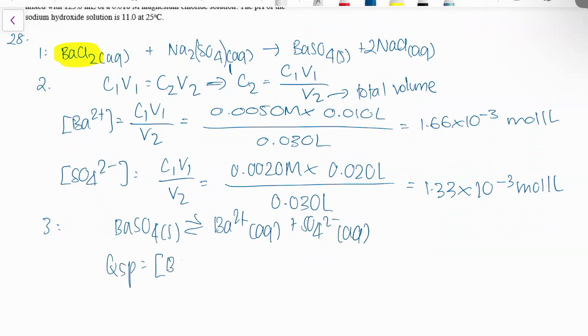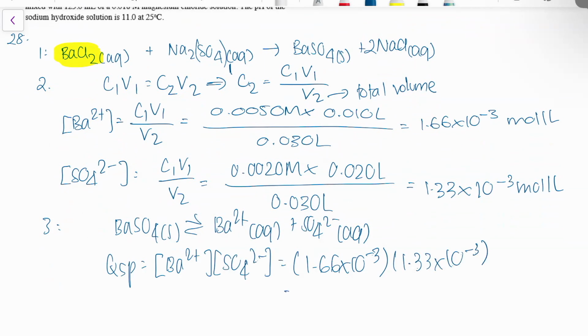I'm just subbing in different concentrations. So it's the 1.66 times 10 to the minus 3 that I calculated, and the 1.33 times 10 to the minus 3 that I calculated. So what's the QSP for BaSO4? 2.22 times 10 to the minus 6.